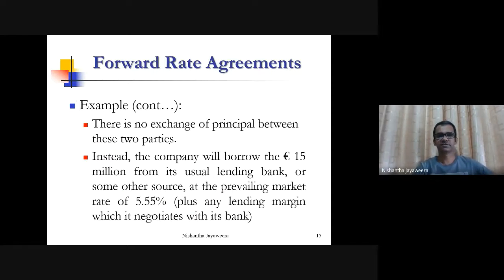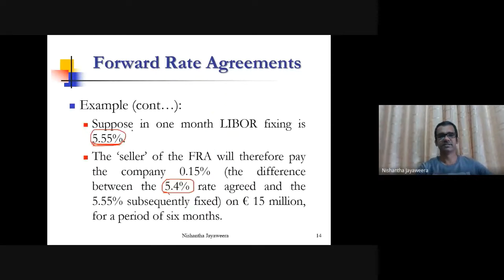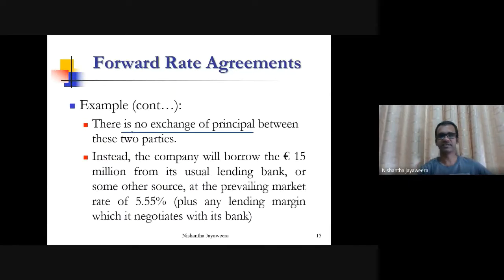Remember, there's no exchange of principal. But on this date, the company needs that 15 million. How is the treasury going to raise that? Forget about this FRA contract.